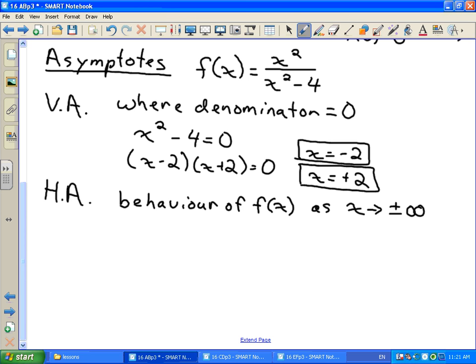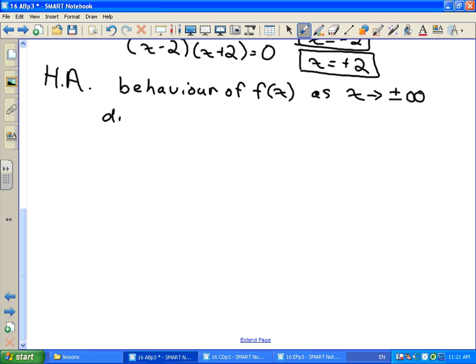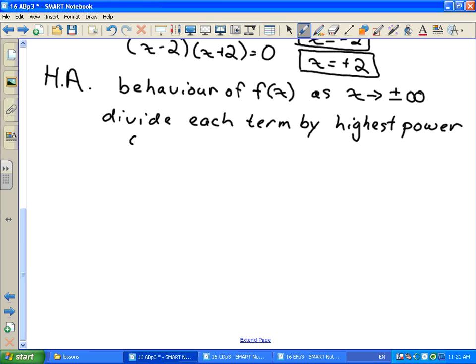One method we can use is to divide every term in our function by the highest power of x that you see in the function, and then take the limit as x goes to positive or negative infinity.